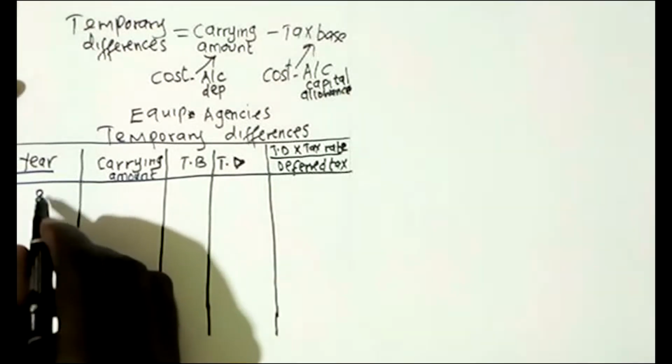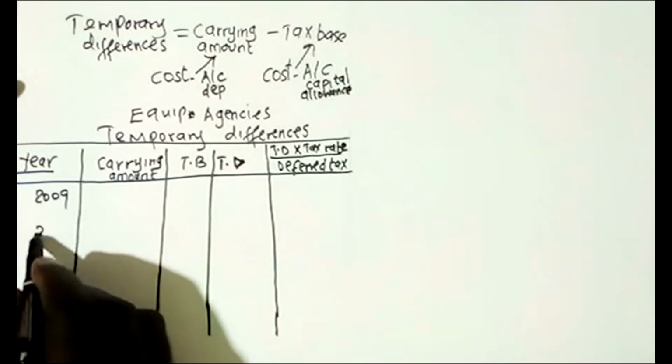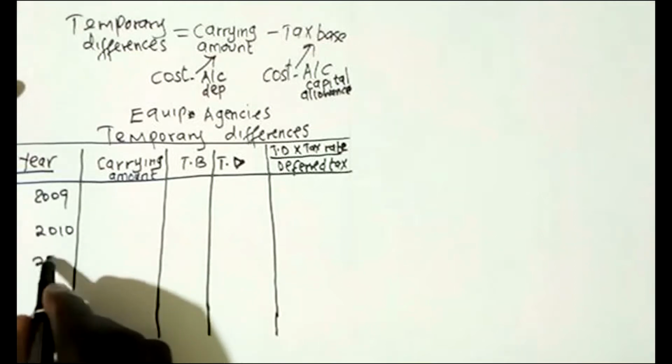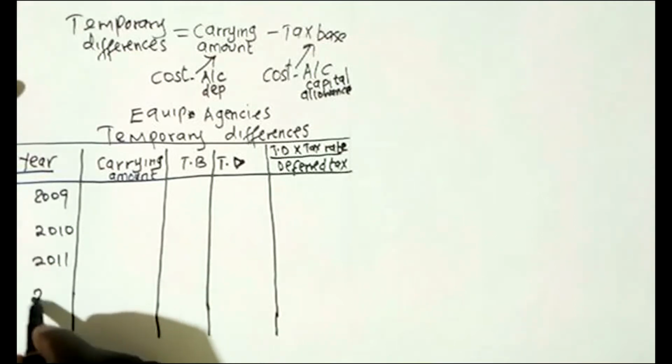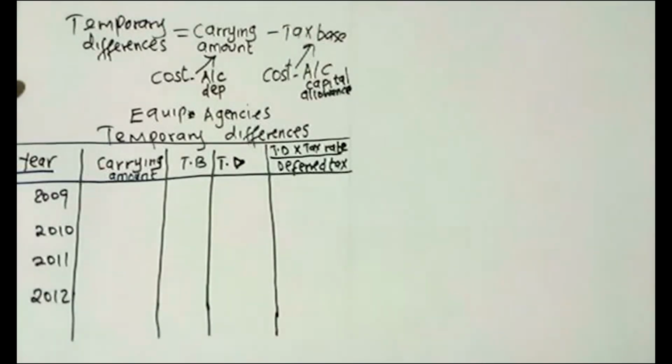So we have 2009, 2010, 2011, and 2012. How do you get the carrying amount? Cost minus accumulated depreciation.